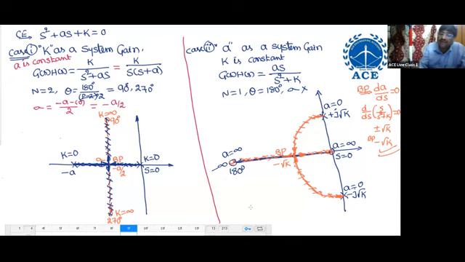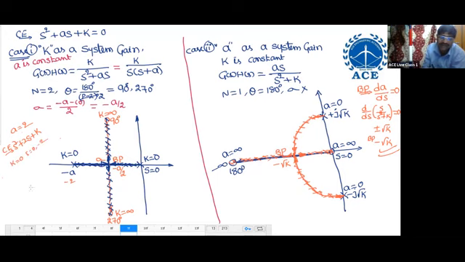Verification also we can do. Take A as some value, for example 2. What is the characteristic equation? S square plus 2S plus K. Now K equal to 0: what are the poles? S is 0 and minus 2.